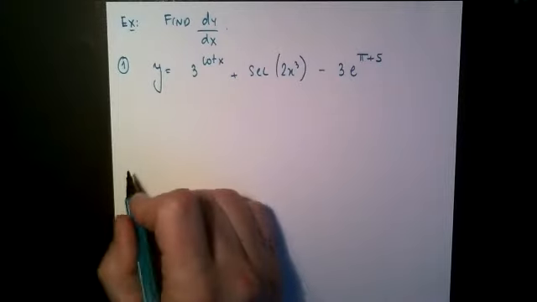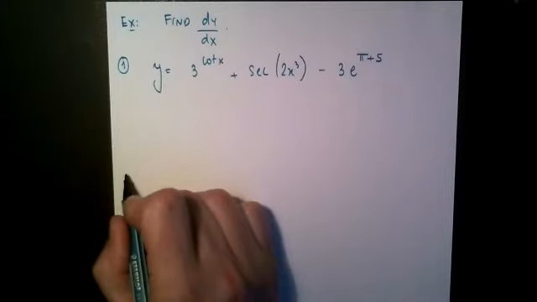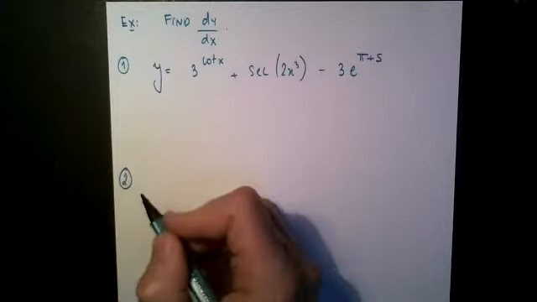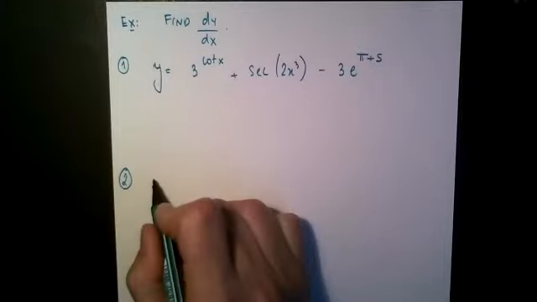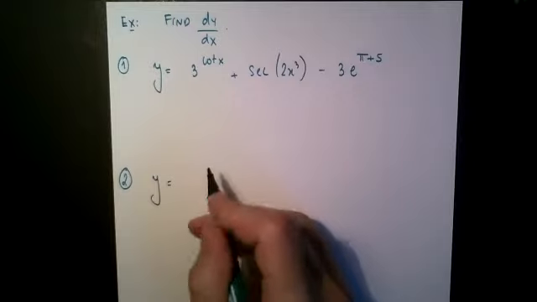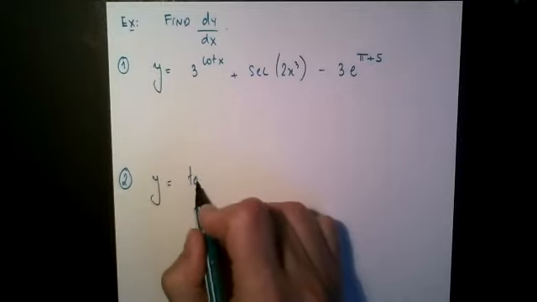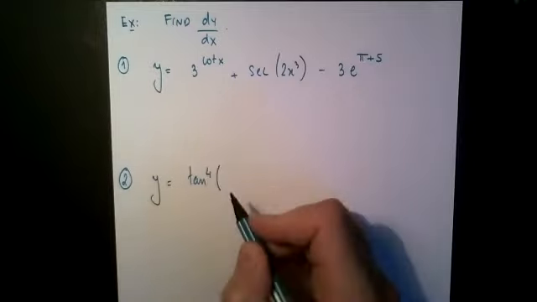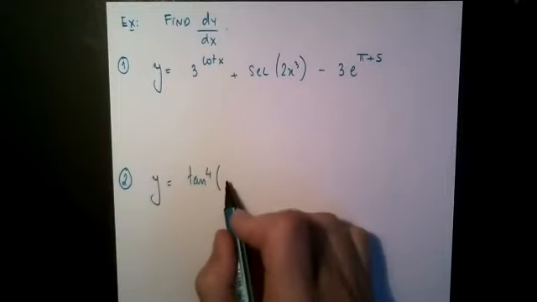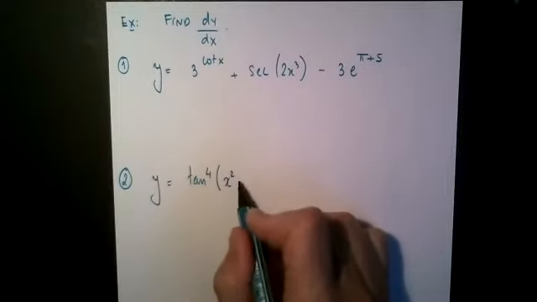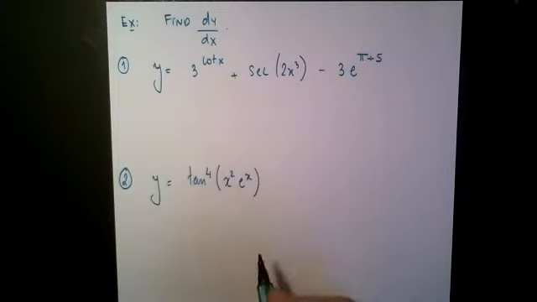Okay, here's number 2. y is equal to the tangent to the power 4 of x squared e to the x.